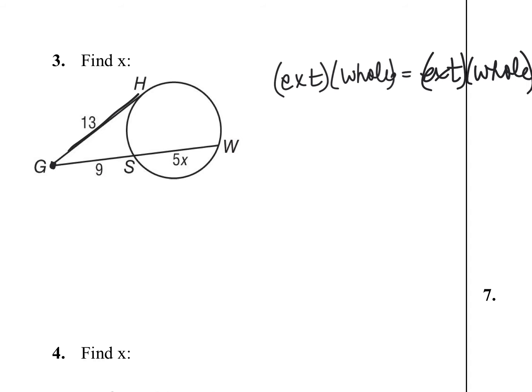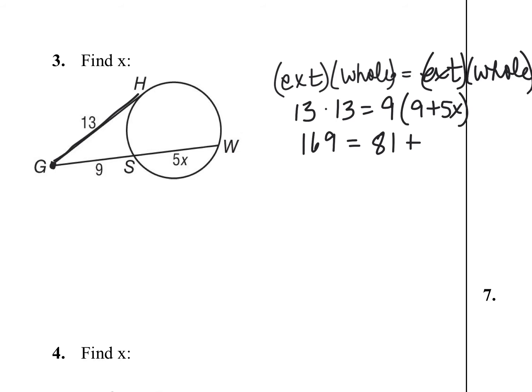So our tangent is the exterior and the whole thing, so we have 13 times 13. And then we have exterior times 9 plus 5x. All right, so 169 equals 81 plus 45x.